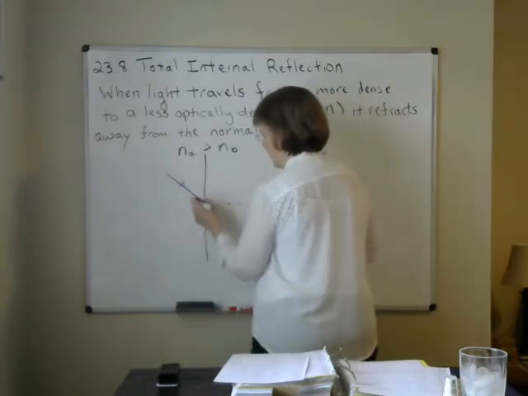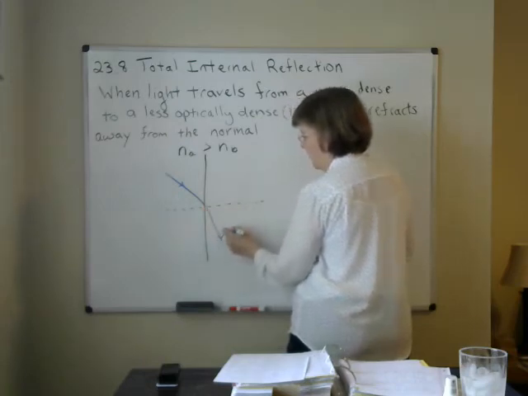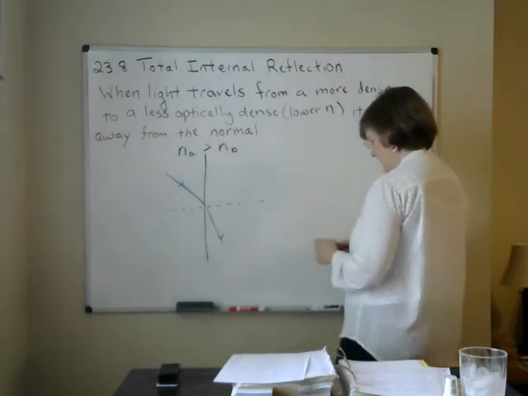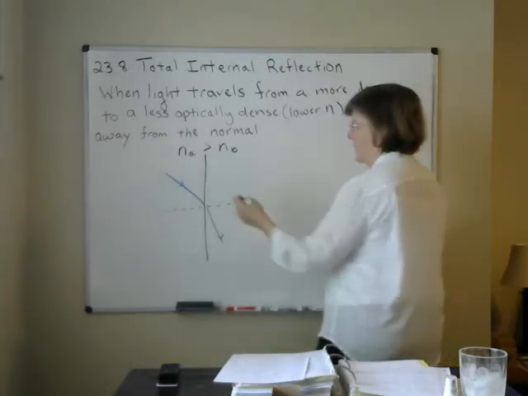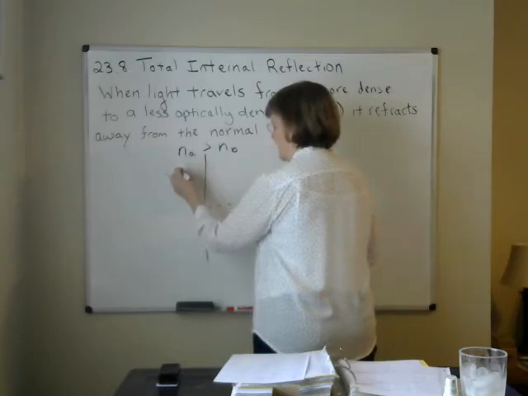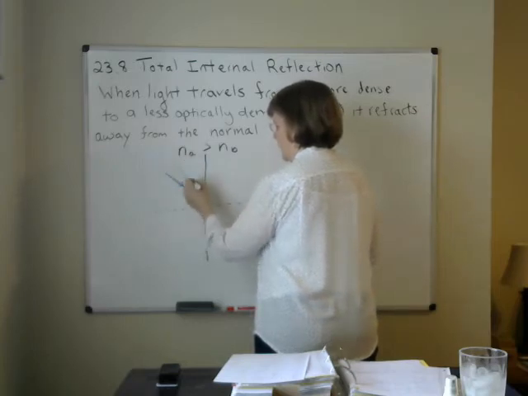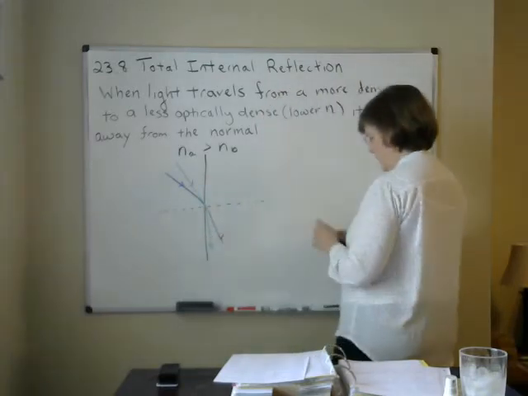In comes a beam of light, and it refracts away from the normal because it's moving into something less dense. Here comes another beam of light. It too refracts further away from the normal.